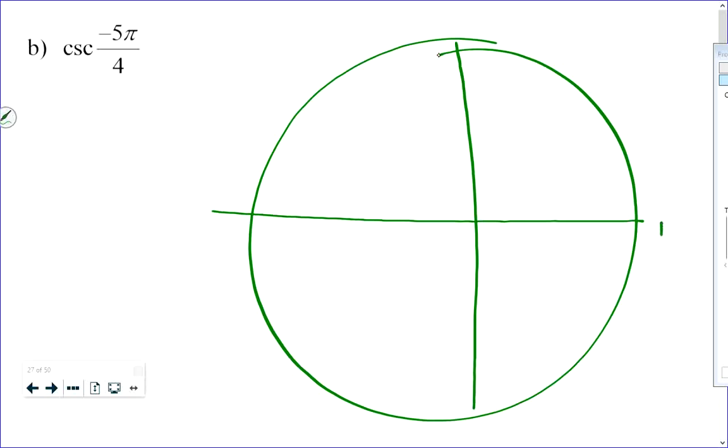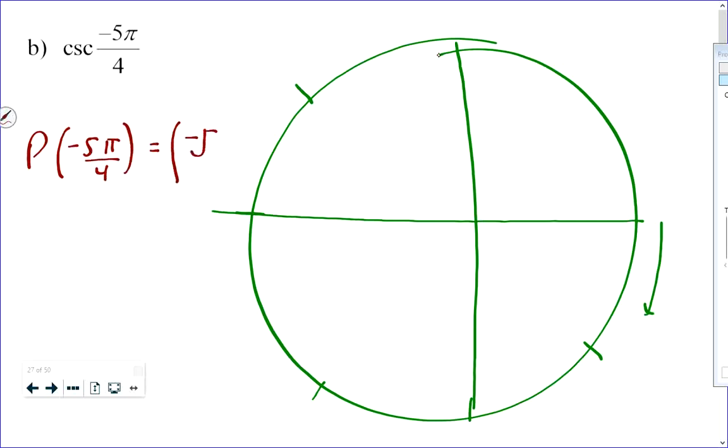So negative means in this direction, negative 1, negative 2, negative 3, negative 4, negative 5. I'm going to erase this right away because all that is important is this statement. P of negative 5 pi over 4 on the unit circle is negative root 2 over 2, root 2 over 2.